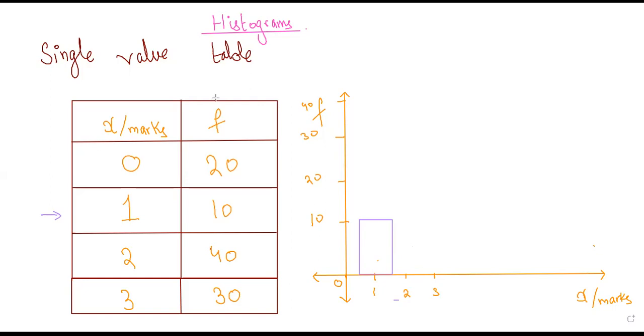I think I need to use a line for this. Then I'm going to make another bar for 3.